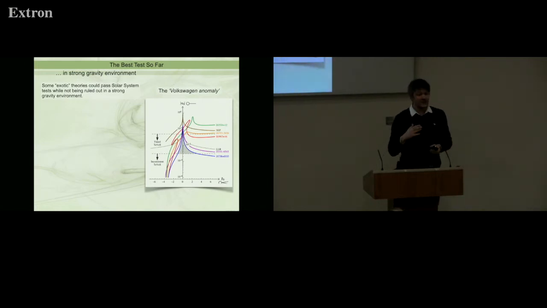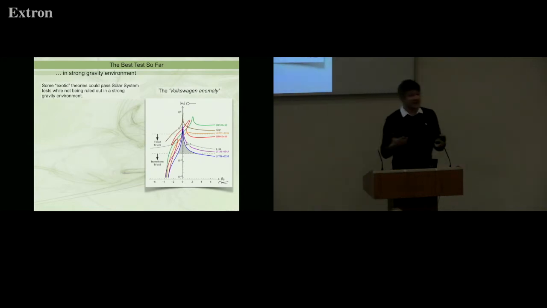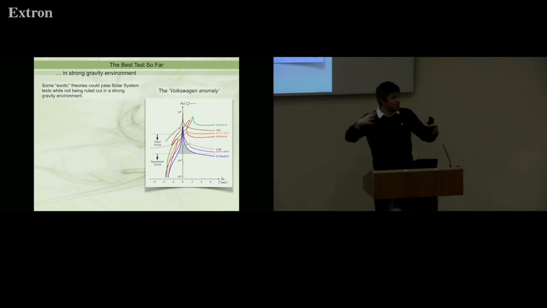If you test gravity when you have low masses and low velocities, like in the solar system, it might just work out and be explained by Einstein's theory, but it could be that when you get to more extreme conditions, this assumption that it should always behave the same way might actually break down.